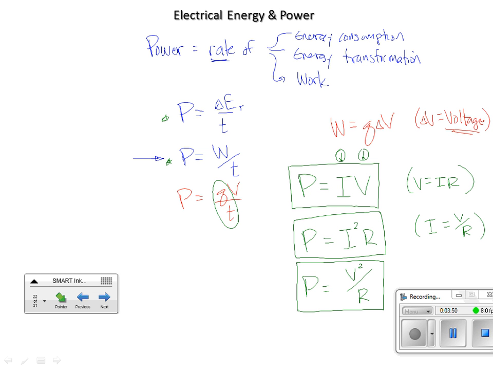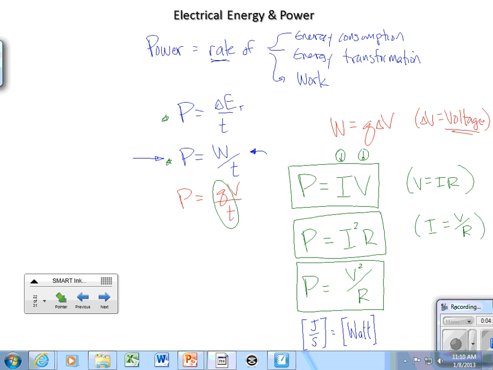Okay? Those are three big expressions to find electrical power, or the power we say dissipated or consumed by an electrical circuit. Okay, so for sure, let's be okay with the fact that power, well, at its most fundamental, if we look here, power is measured in joules per second, and a joule per second is what we call a watt.